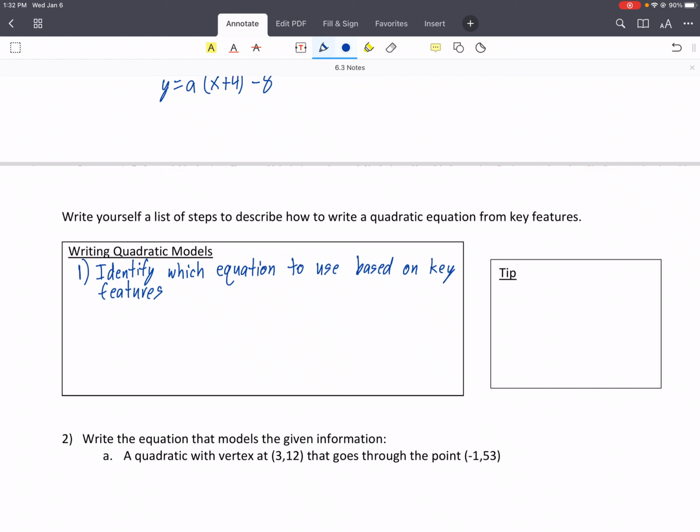So if it gives us our vertex, like in number 2 down here, then we use vertex form.